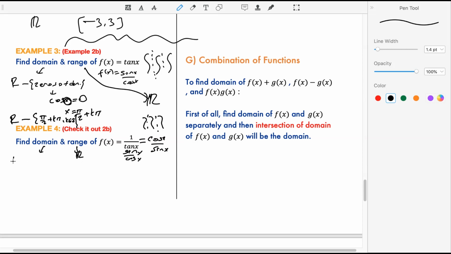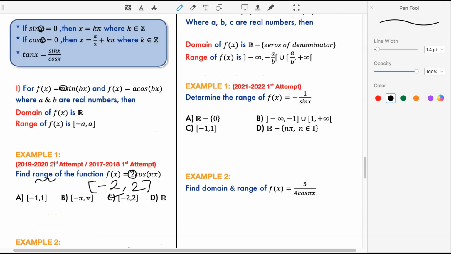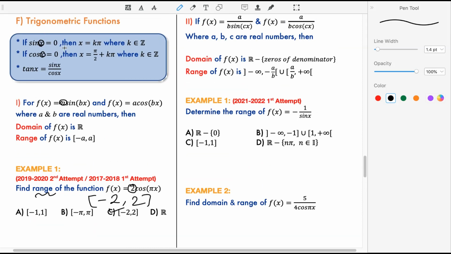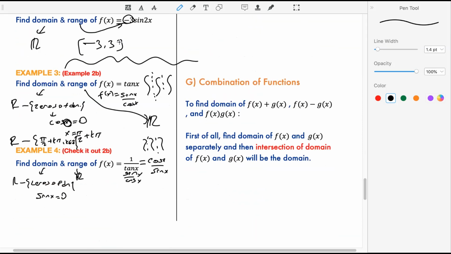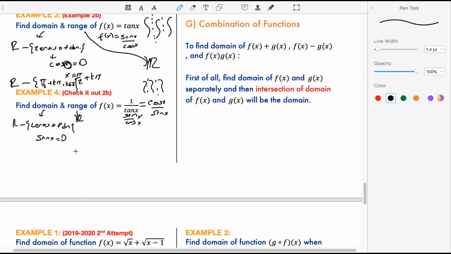Domain is R minus zeros of denominator. So what is the denominator? Sine x. What are the numbers that make sine x 0? Remember the rule: when sine x is 0, x is k pi. So we will write x is equal to k pi, k is an integer.